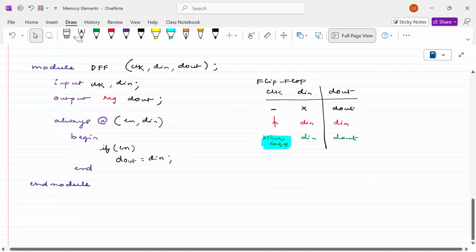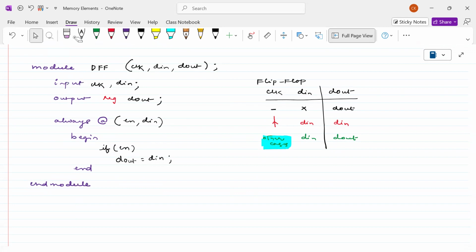And now the question comes to the always block. What should be the sensitivity list? The output changes only on the clock signal. We don't bother about the changes of the D signal, because at the edge, the changes are not relevant to us.